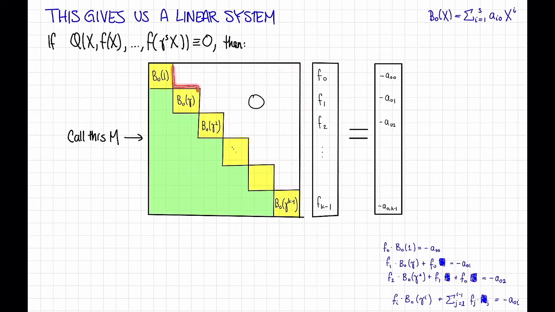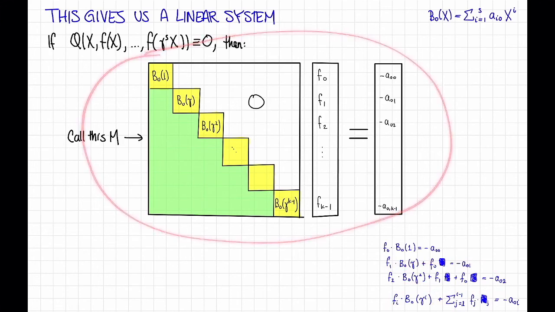So the fact that there are all zeros above the diagonal corresponds to the fact that f0 is in its own equation, f1 is in an equation just with f0, f2 is in an equation with f1 and f0, and so on, and fi is in an equation with all of the fj's with j less than i. Therefore, we want to return all of the solutions to this linear system.